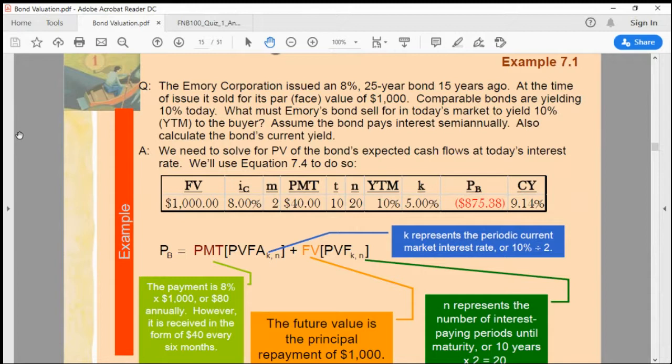Think about it: the baseline for all short-term interest rates is the Fed funds rate, and as the Fed funds rate changes, all interest rates change. The baseline for the long-term interest rate is the 10-year Treasury note.